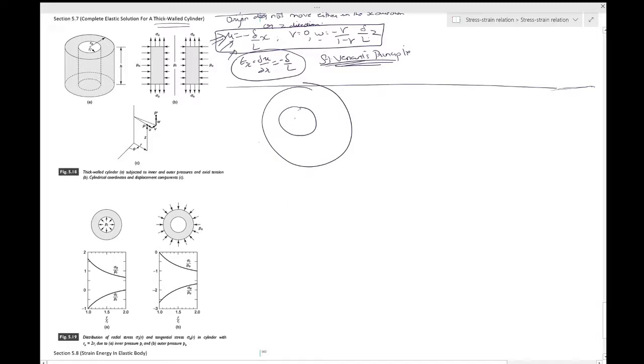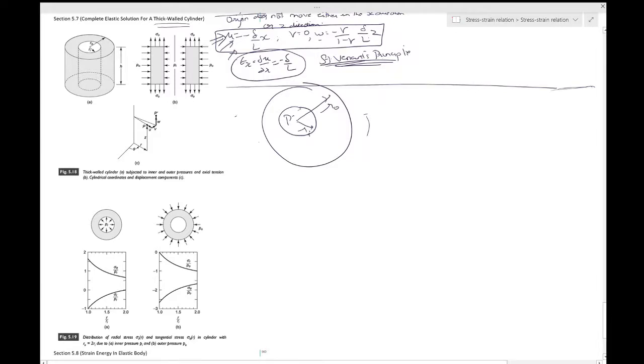So if this is the Ri and it's a hollow cylinder, there's a pressure inside, where if you are in a flight, this will be 1 atmosphere, and outside your airplane the pressure will be much less.